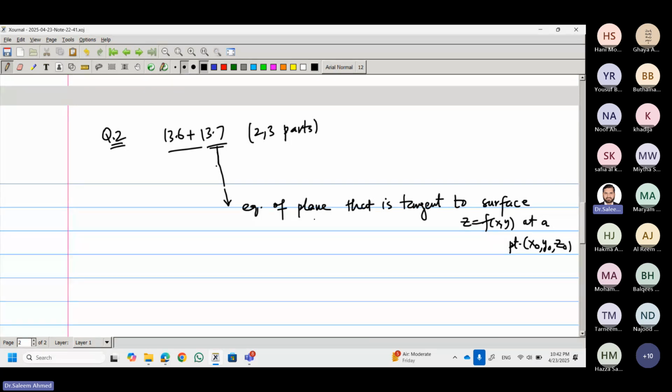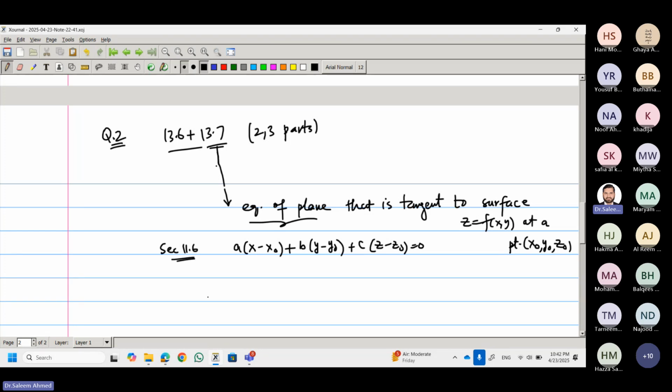And from 11.6, we know that equation of a plane is this: a(x minus x naught) plus b(y minus y naught) plus c(z minus z naught) equal to 0. And this is what we know from section 11.6.